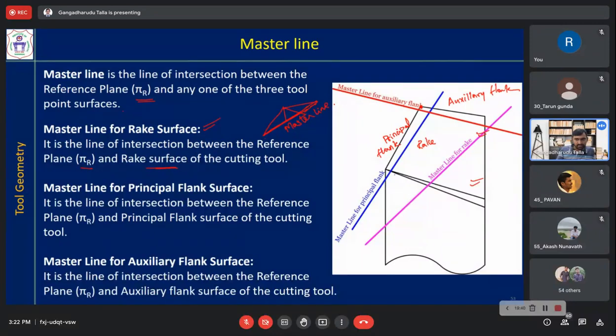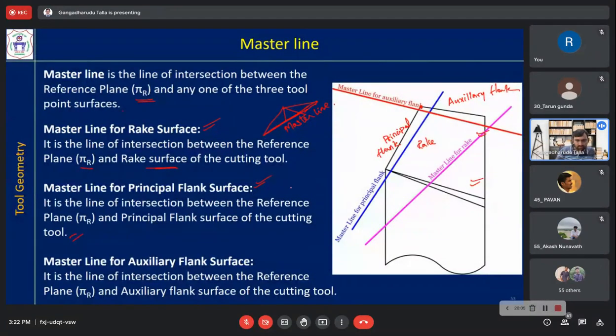Similarly, for the principal flank, we have seen one triangle system for clearance angles.